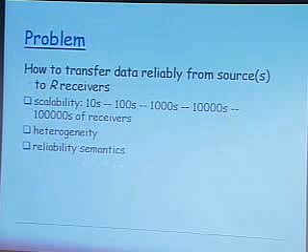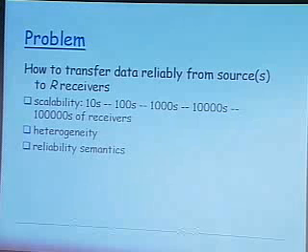So first problem is identify all the issues involved. So now you have to transfer data reliably from either a single source or a number of sources to a number of receivers, and these number of receivers can range from tens to hundreds to thousands to millions, depending on how popular this multicast group is.